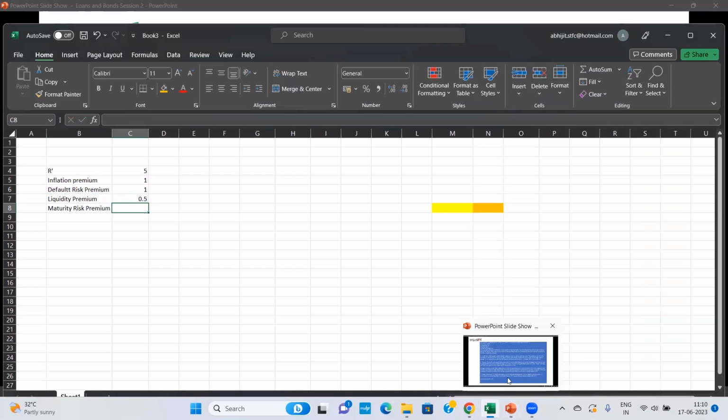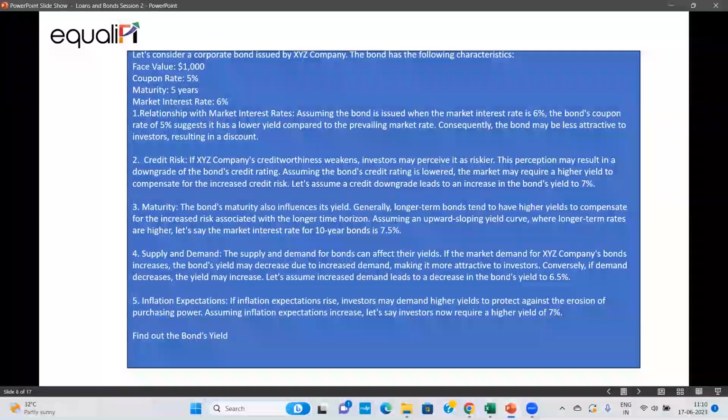The next point is my maturity premium. Due to a longer term maturity, investors expect a higher yield, that is 7.5%. So when they are expecting 7.5%, what is my maturity risk premium?